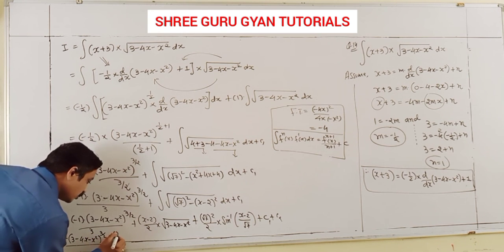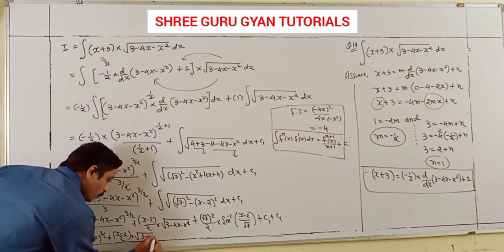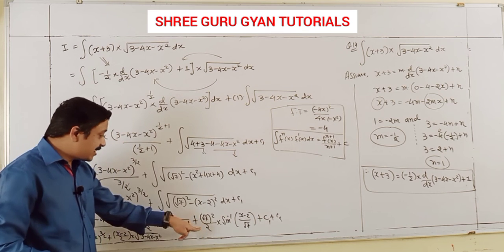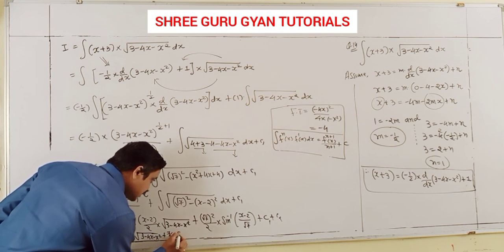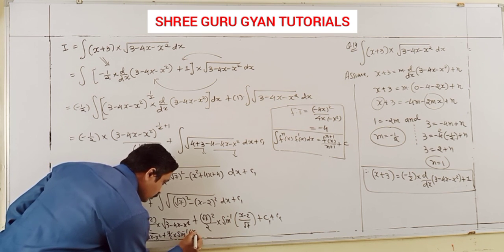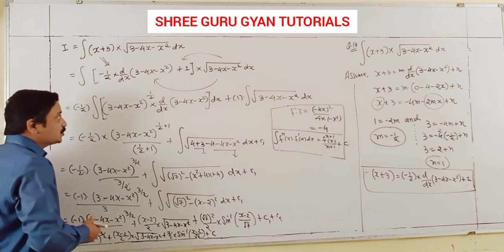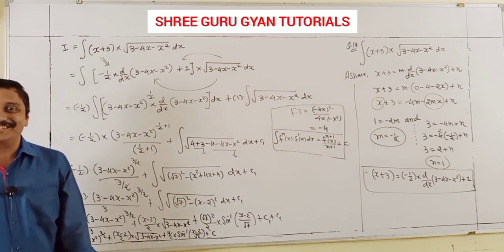The same is, don't worry, I just repeat my steps. And here write down what? It is 7 by 2, and sine inverse of x minus 2 by root 7, plus c. And here students, this question, the 14th one, is easily done.